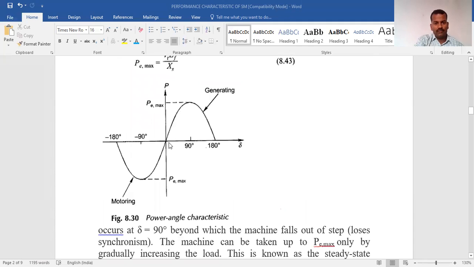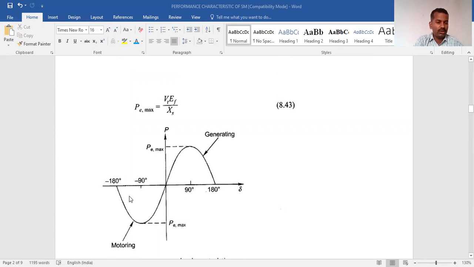Delta will vary from 0 to 180 degrees, and at 0 degrees, P will be simply 0 because sin delta will be 0. When delta is 90 degrees, sin 90 means it will be 1, hence PE will be maximum, and that maximum value will be simply the coefficient VT EF by XS.